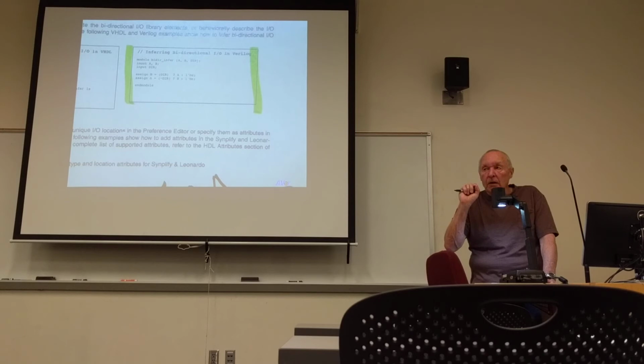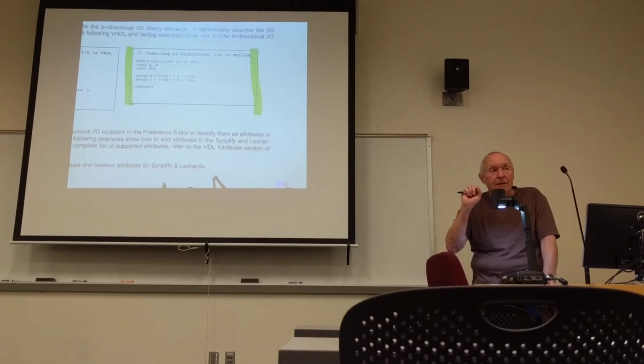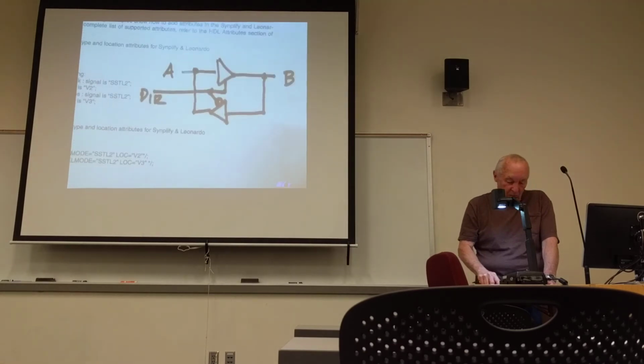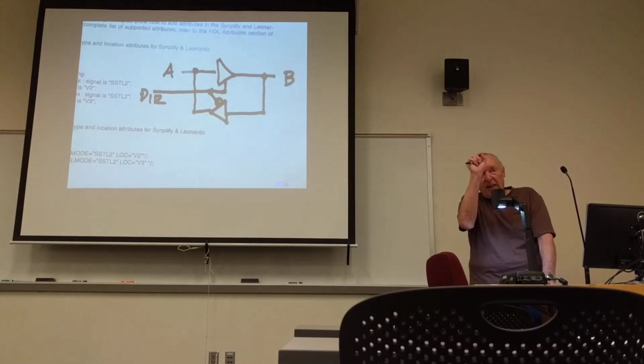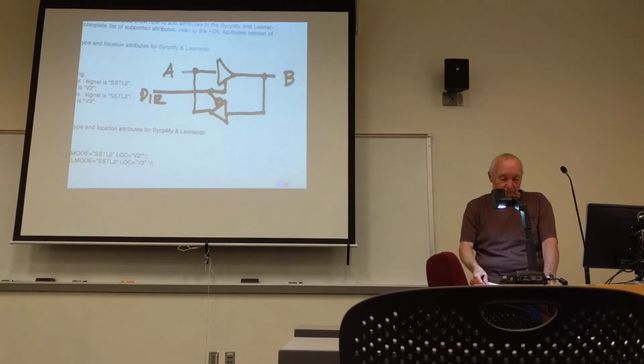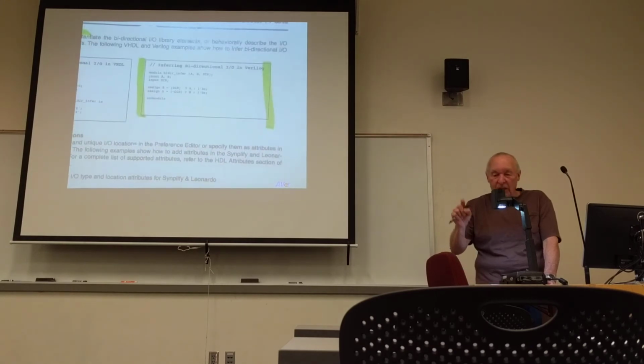Could I have instantiated those? Yes. Verilog provides you gate primitives. This would be a bufif1, bufif0, and then I would connect them together through the port list. That would be instantiation.